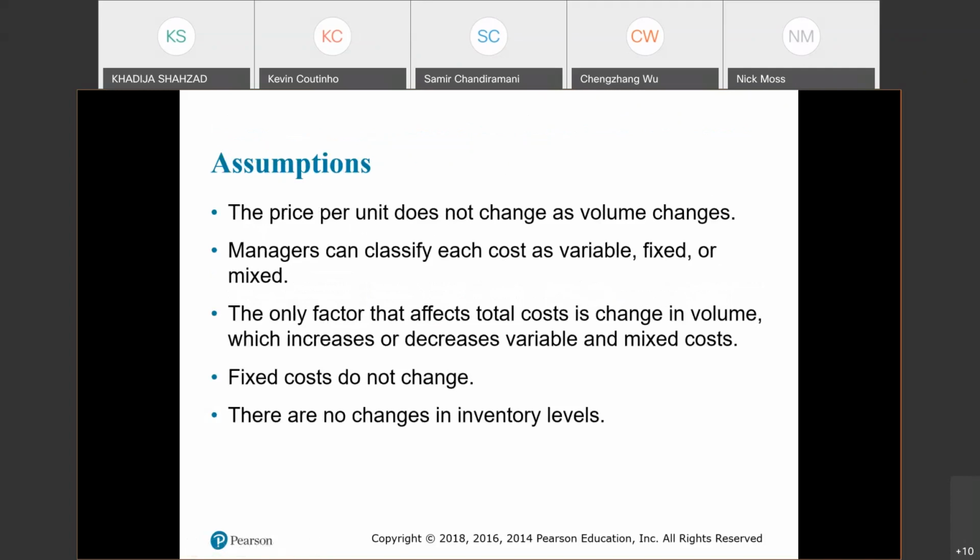Well, CVP analysis assumes some of the following assumptions for the relevant range. First assumption: the price per unit does not change as volume changes. For example, Smartest Learning Company assumes that all tablets will sell for $500 each.